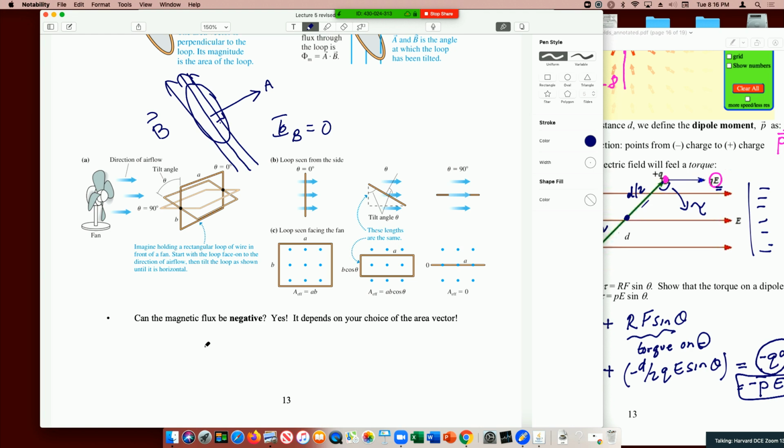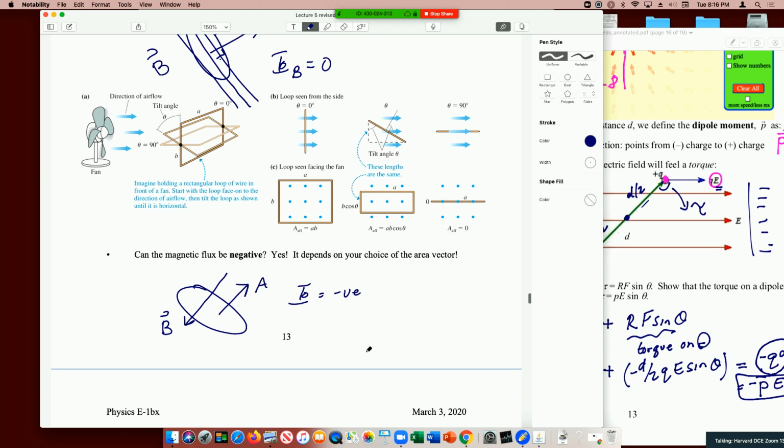If you define your area vector this way, but your magnetic field is that way, then the flux would be negative, because instead of cosine of 0, it would be cosine of 180 degrees, and that's negative. Does everyone have a general understanding of what flux is?